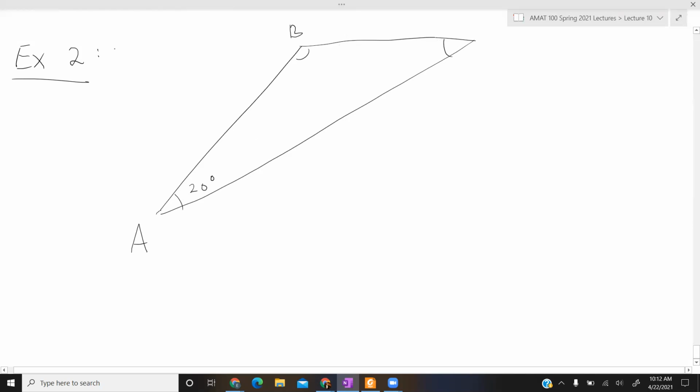So this is, as I said, the side angle side, or side angle angle, or angle side angle. I don't like that, so I'm just going to say angle side angle.